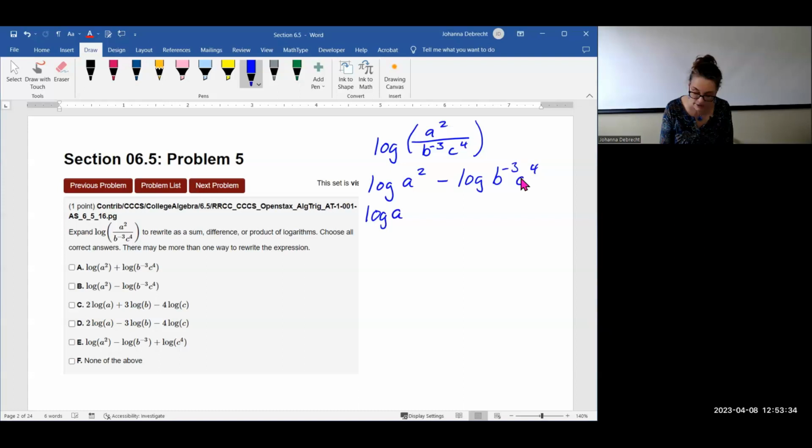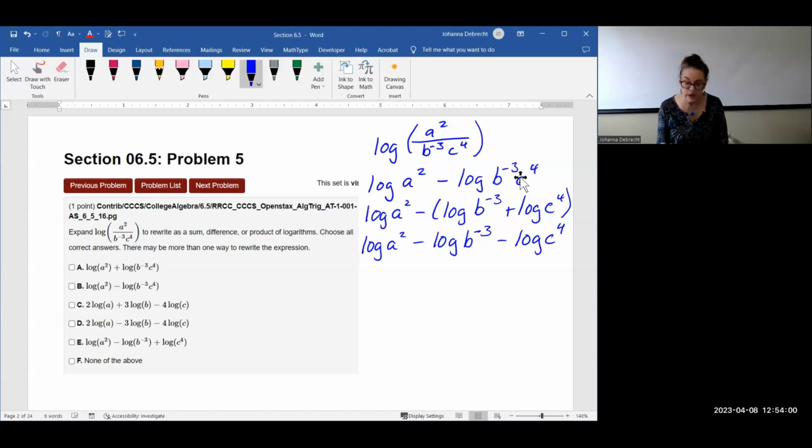So I have log of a squared minus log of b to the negative 3 plus log of c to the 4th. And then the next thing I'm going to do is distribute the negative. So I have log of a squared minus log of b to the negative 3 minus log of c to the 4th. And then the last property I apply is the power rule, which brings the power to the front.